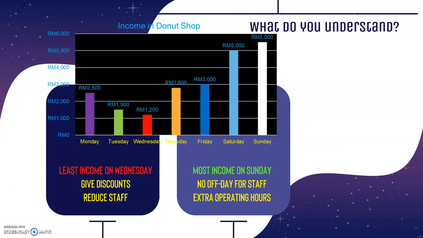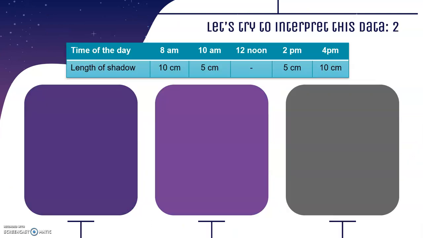Now do you understand this first exercise? Let's jump into this second exercise on interpreting data. If you do not understand, you can review this video. This data is taken from a simple table, from an experiment.